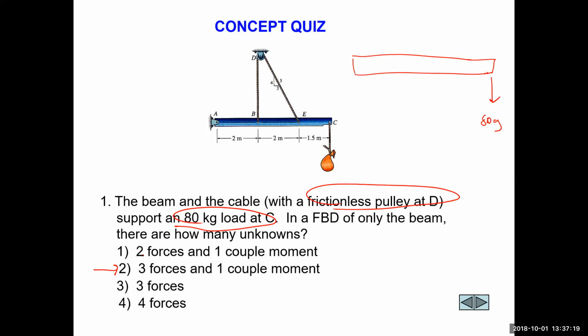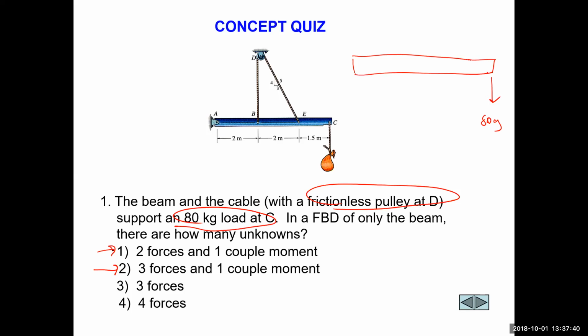You may have a different answer. Joel, what do you think? 2 forces and 1 couple moment? Okay.